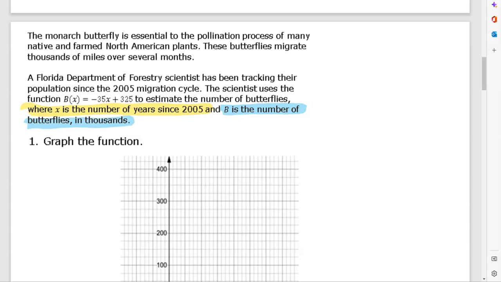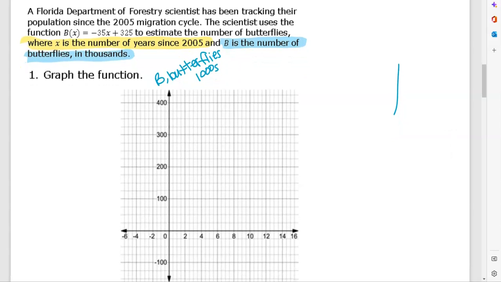So that right there just told me what X and Y represent. Okay, I'm going to go ahead and label it on my graph. So this is our B, this is butterflies in thousands. And my X is number of years since 2005. Okay.